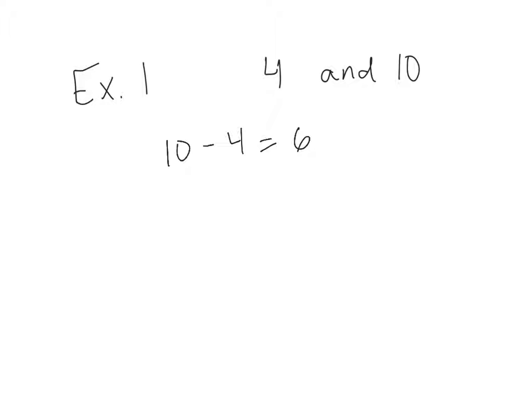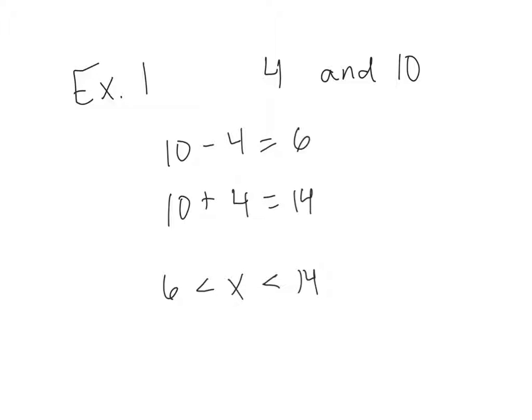Now to find the maximum, you're going to add these together. 10 plus 4 is 14. I know it has to be less than that value, not equal to. So I could write that my third side x needs to be greater than 6, but less than 14.